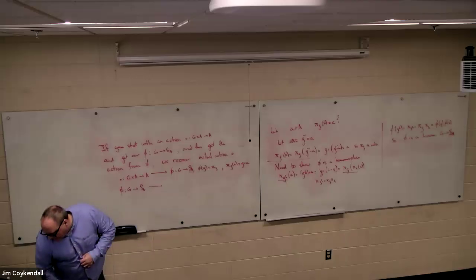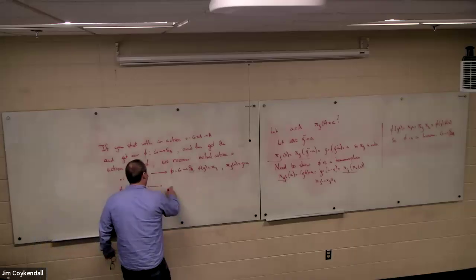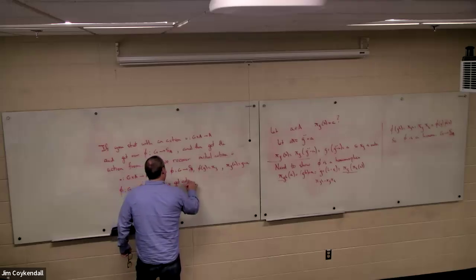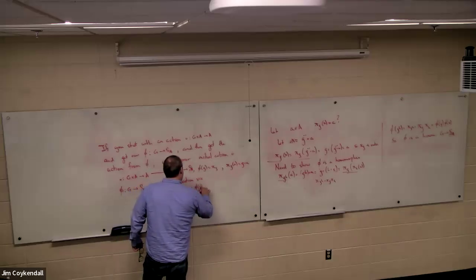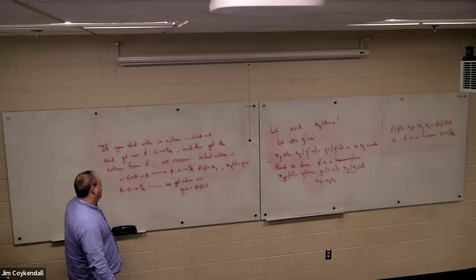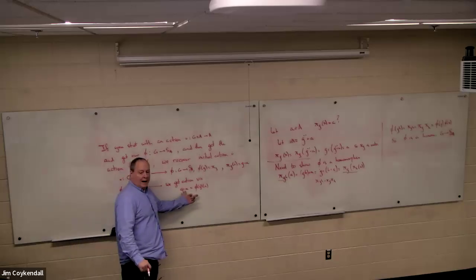And the action, the way we did that was, G acts on A as phi of G of A. And notice this gives us back our original action here, right?